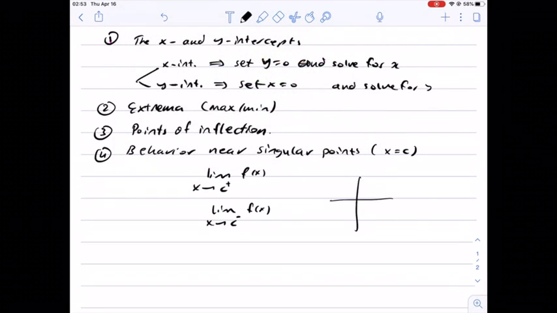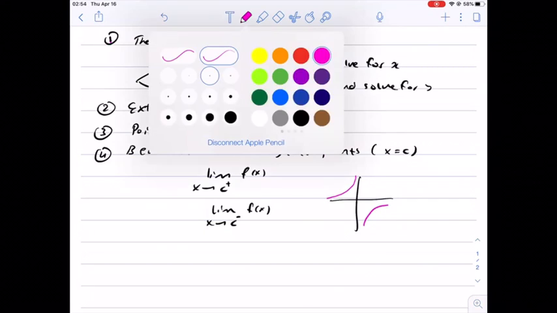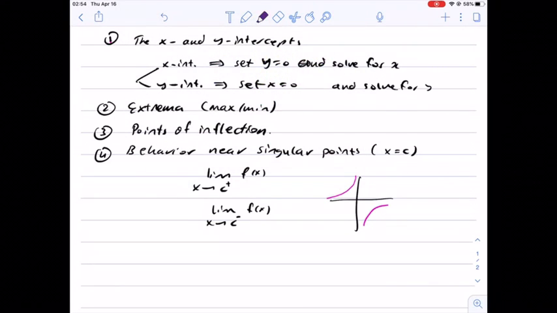So for example, if we have this graph of a function, we notice that on the y-axis, at x equals 0, I mean c equals 0, the function is not defined.